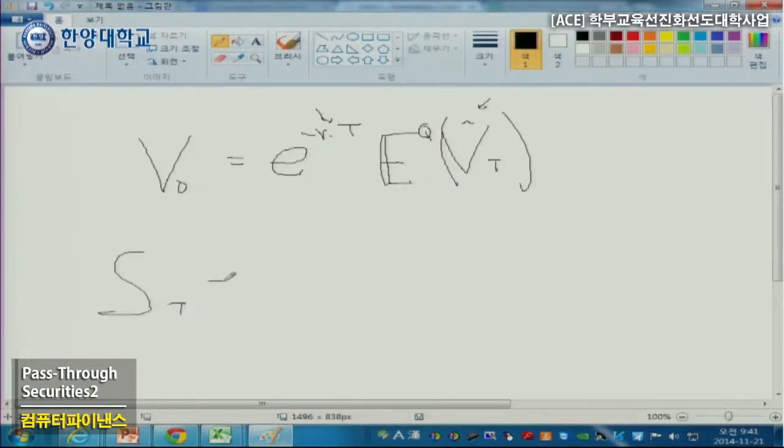In the risk neutral world, ST equals S0 e^((r minus sigma squared over 2)T plus sigma sqrt(T) epsilon), which is of course generated from risk neutral world. I'm just writing down this part, right? And this is called convexity adjustment.